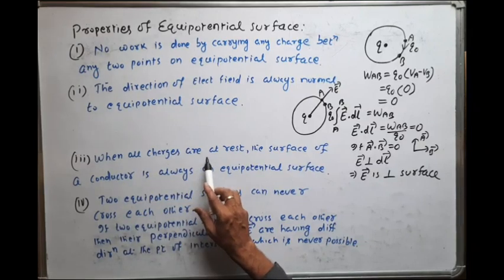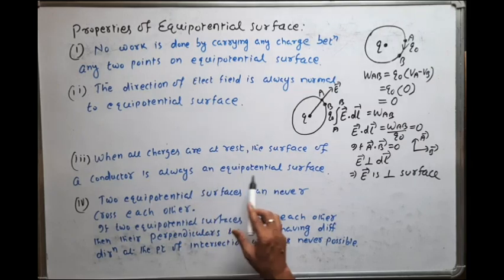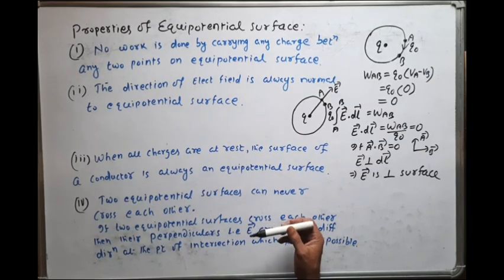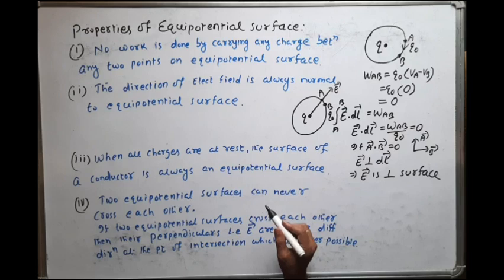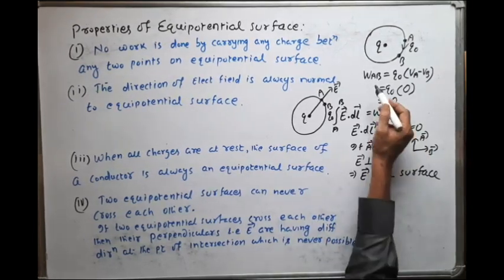When all charges are at rest, the surface of a conductor is always an equipotential surface. Now you see, suppose you bring an electrical wire from the market. In that electrical wire, the charges are at rest. They are not moving. Okay. So if charges are at rest, then the work done will be 0.